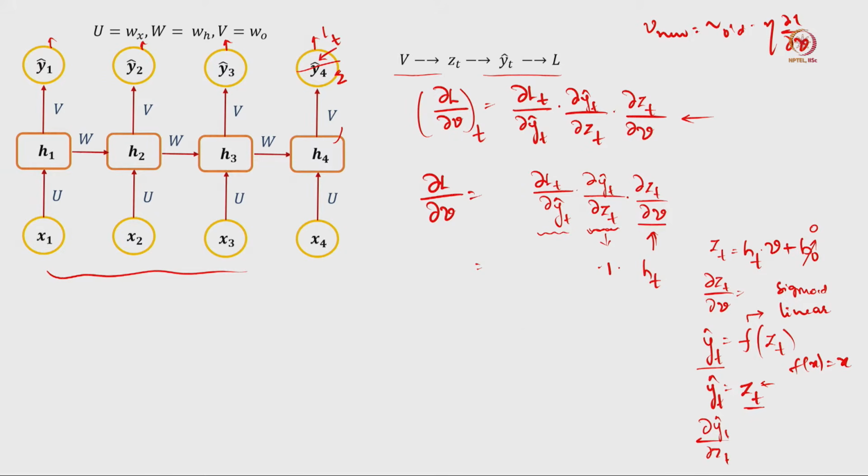Now what is the loss? Because your aim is to predict a number, it is a mean square error. So it is half of the ground truth at this particular time step minus the predicted value, whole square. When you take the derivative of this, is it not 2 times YT minus YT hat, and with respect to YT hat, you write this term again and it becomes minus 1.